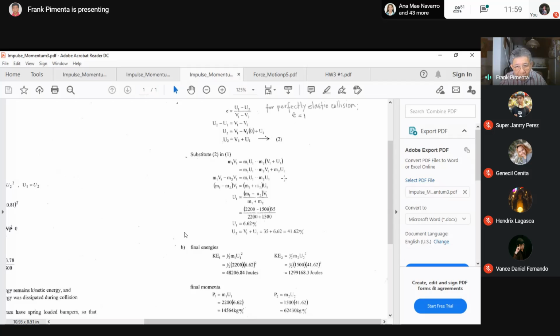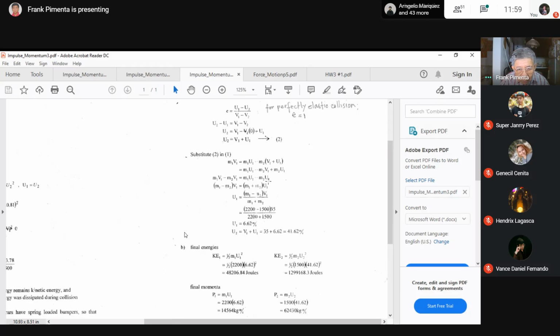Substituting U2 equals B1 plus U1, this equation is now expressed in terms of U1 and B1.